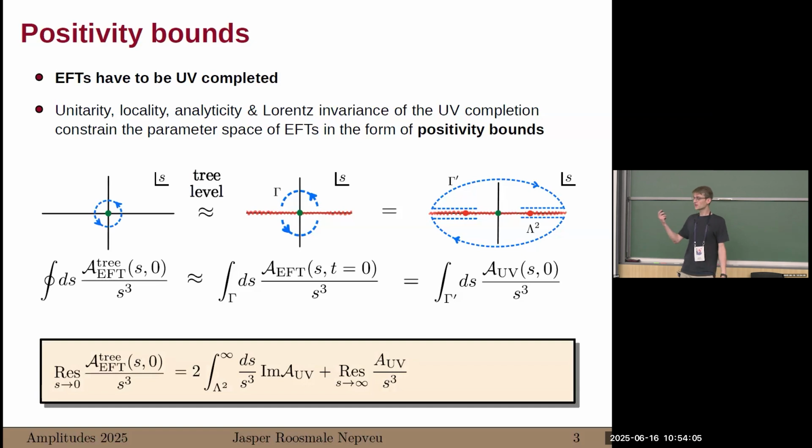On the UV side, we don't know what the UV physics is, so we don't know how to calculate it, but some basic statements can be made. For example, the integrals around the branch cuts give the imaginary part, which will be positive due to unitarity. And then for the behavior at s to infinity, there are some basic results which bound the behavior of the amplitude at large s, which allow you to set this to 0, which is called the Froissart bound.